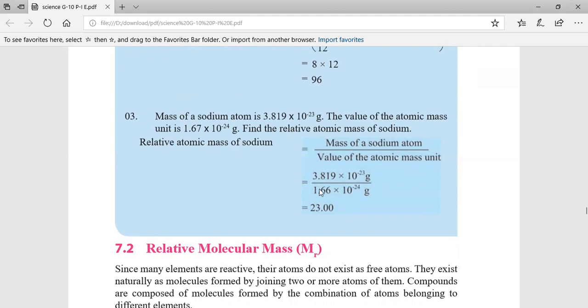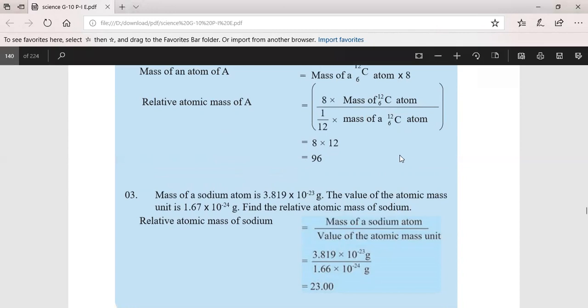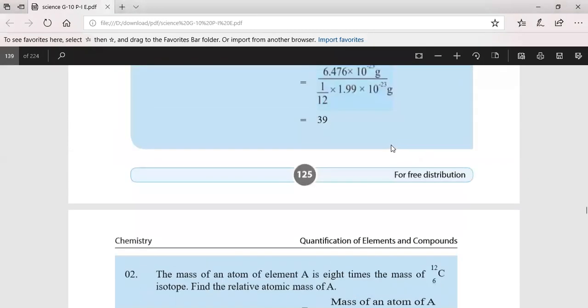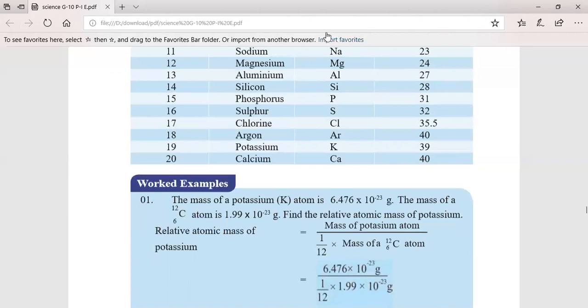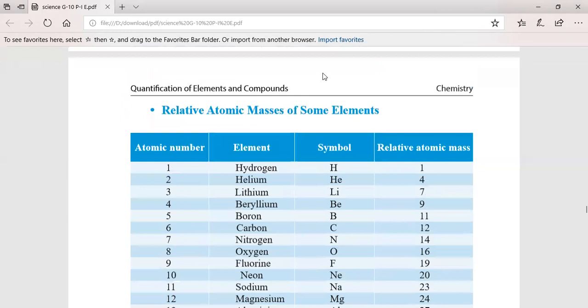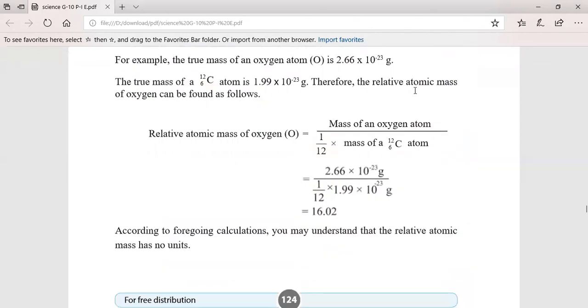The true mass of sodium is applied here, and we can apply this part or this part.